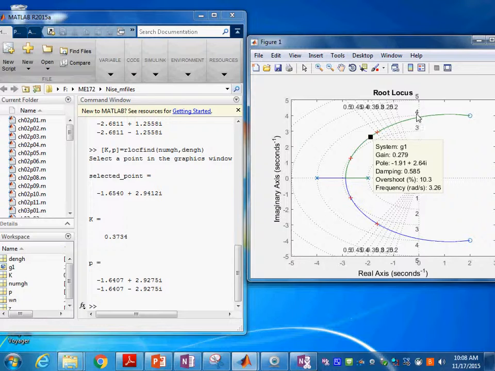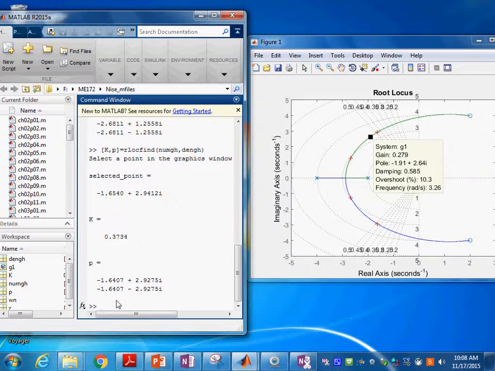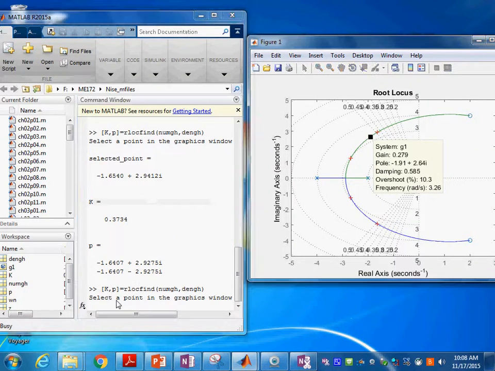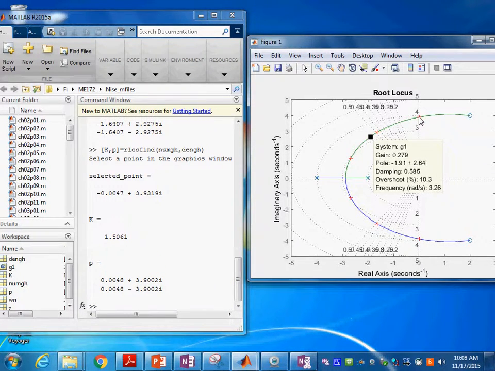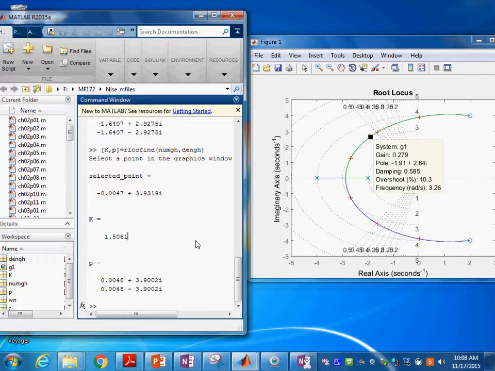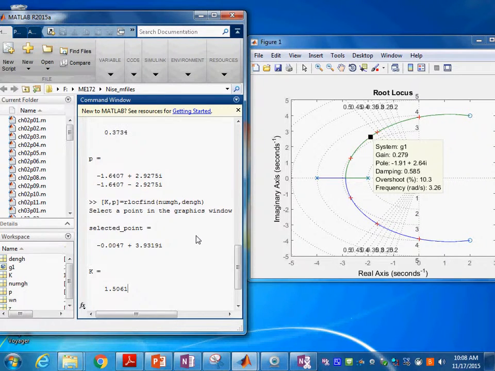So if you want to see, for example, what's the crossover frequency, what's the crossover point over here, all you have to do is do this and then activate it again, and it's going to tell you the point where this is the maximum gain that you can have, so that the system does not become unstable.